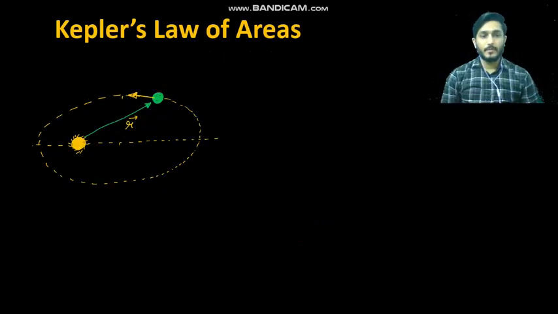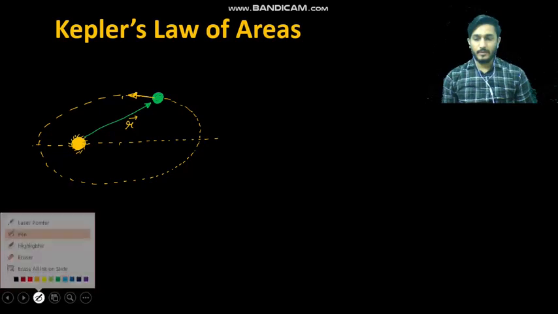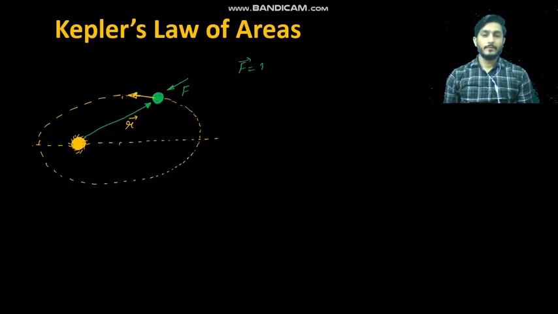Let us also talk about the linear acceleration as well as the angular acceleration of the planet about the sun. At this moment, the force acting on the planet is directed towards the center of the sun. So the force must be acting in this way. And we know that force is equal to mass times acceleration, so acceleration must be force upon mass.